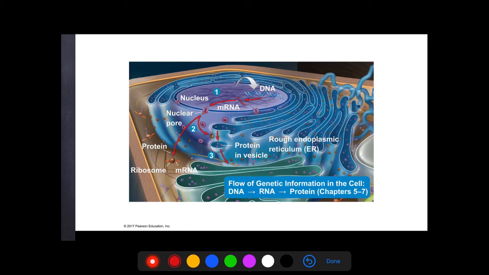In the nucleus, here, we can see that DNA gets transcribed to make mRNA, which then goes into the cytoplasm. The mRNA attaches to a ribosome, which either freely floats in the cytosol or cytoplasm, or is attached to the rough endoplasmic reticulum, where proteins are made.